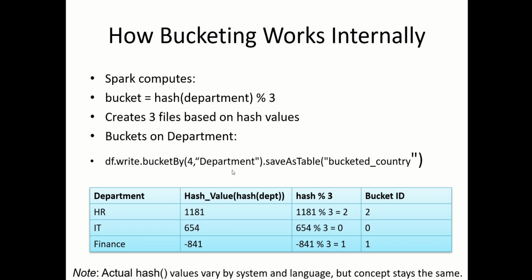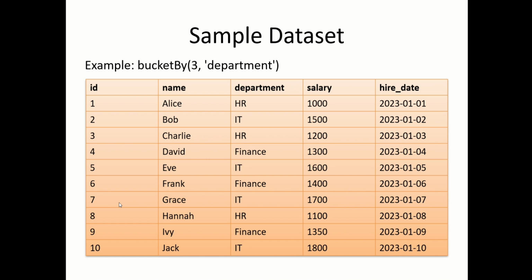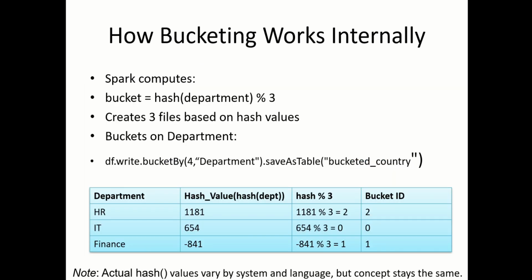So how it will happen internally, look at this table and you will get to understand. Suppose in the data itself we have a department column, and in that we have three categorical values: HR, IT, and finance. How will it work? Here you can see it will create a hash for that particular categorical data in the department.